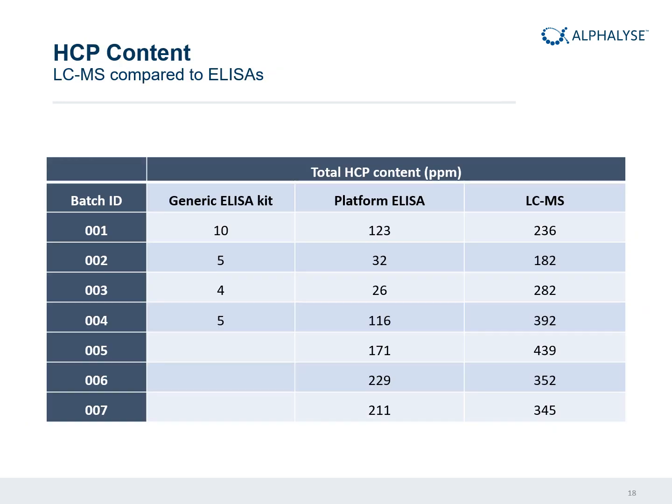This slide is just to show you that there will typically be a difference between the results from an ELISA and the results from LC-MS. Here we have 7 different batches that have been analyzed by a generic ELISA, a platform ELISA, and then with LC-MS. And as you can see, there's quite a big difference between especially the generic ELISA and the LC-MS data.